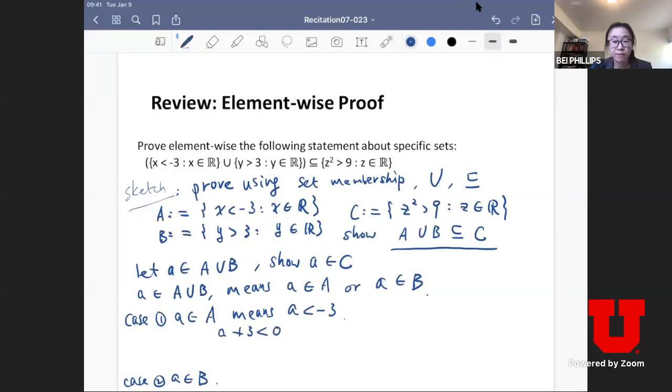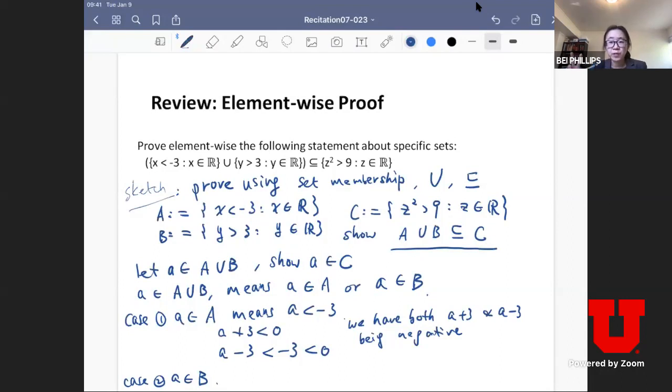And then if I subtract 3 on both sides, that means a minus 3 is smaller than -3, which is smaller than 0. Okay, so both of those are algebraic manipulations. So now we have both a plus 3 and a minus 3 being negative.